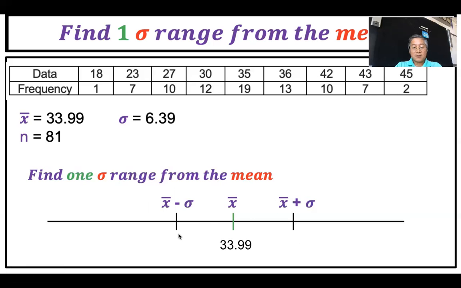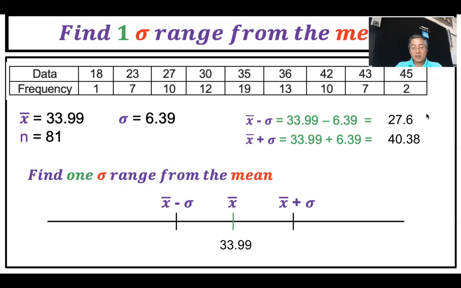So 33.99 minus 6.39, and 33.99 plus 6.39. Make sense? If you calculate it, this is 27.6, and this is 40.38. So you write it down like this.